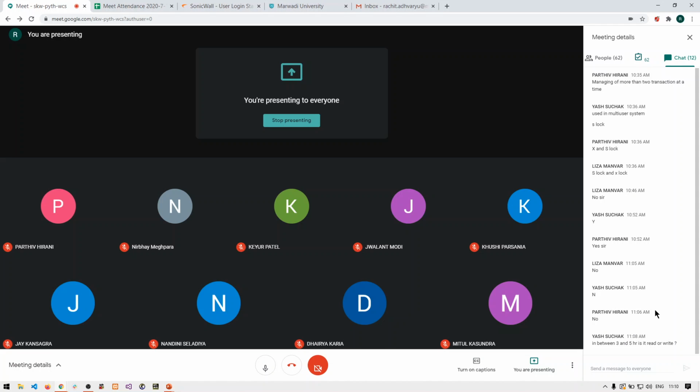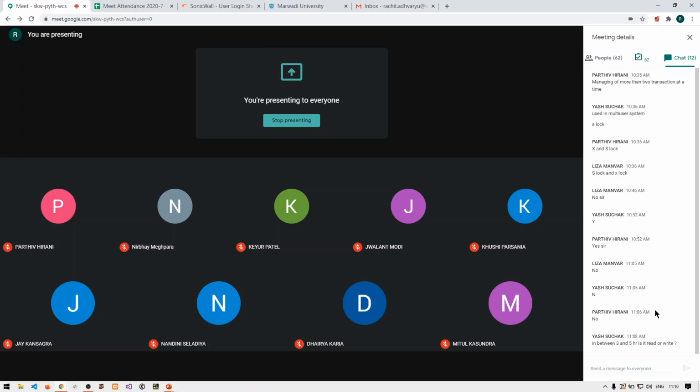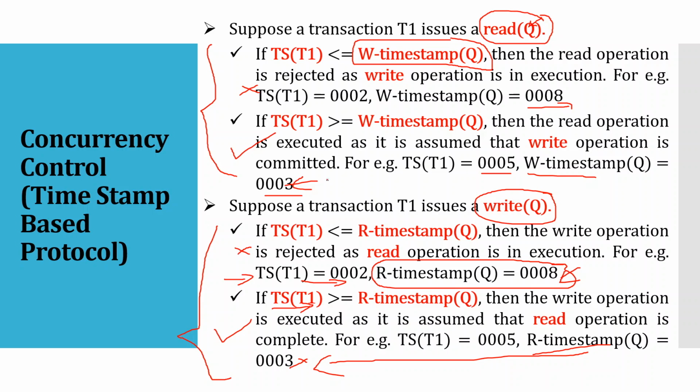See, yes, it is just based on assumptions, so I have just written these values based on some assumptions. I can write here 3 and 3, 3 or 4, anything. So it is only part of an example, nothing else. But the actual timestamp based protocol will consider each and every micro level unit of time. So you cannot say what it will actually go with.